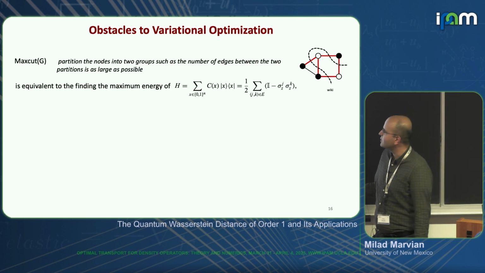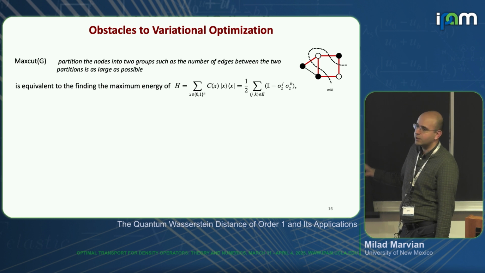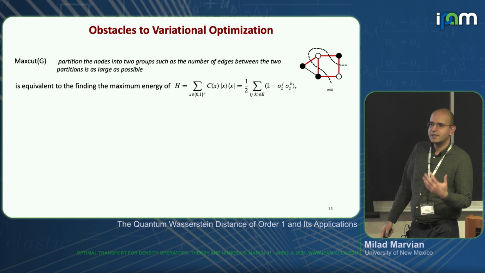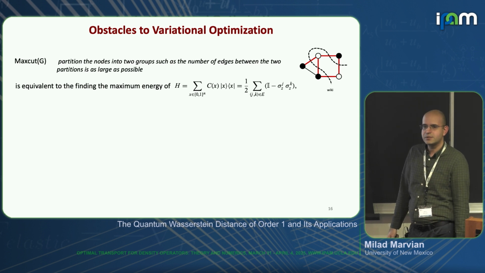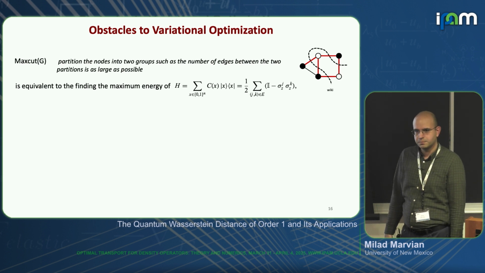If you don't like that, you can just think of it as maximizing the energy of this Hamiltonian. Here, sigma z is Pauli z. You can think of it as a classical variable taking values +1 and -1. And your goal is to find these assignments such that the energy of this Hamiltonian is maximum.